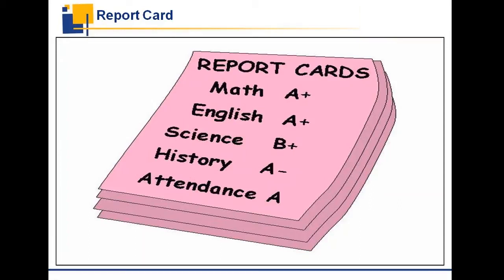Then, having seen the grades, we have to analyze them, whether A+ is very good or B+ is good or what. It may happen that somebody is consistent in getting A+ in maths, but last year he got A- in English, and this time he is getting A+.